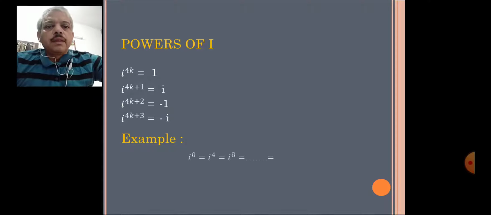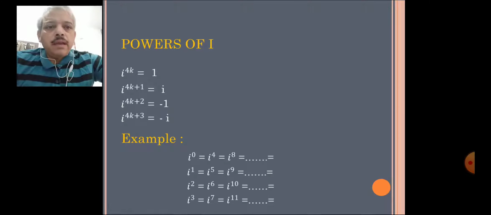Example: i to the power 0, i to the power 4, i to the power 8, all are in the multiple of 4, so it will be equal to 1. i to the power 1, i to the power 5, i to the power 9: we can see that in these numbers the powers are in the form of a multiple of 4 plus 1, so it will be i.